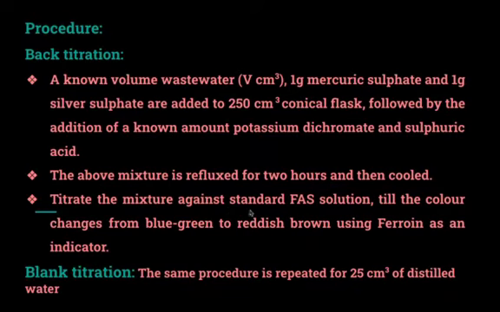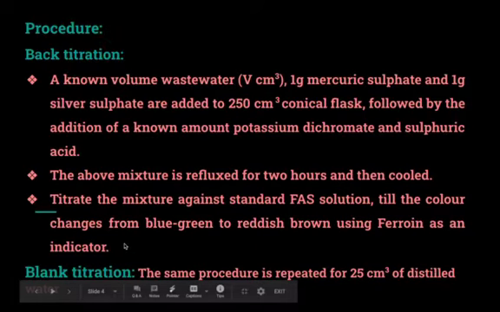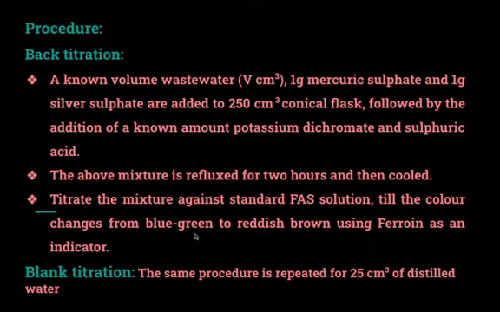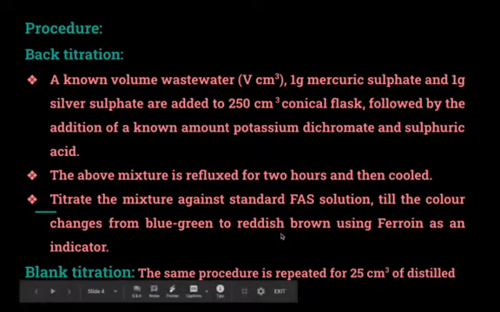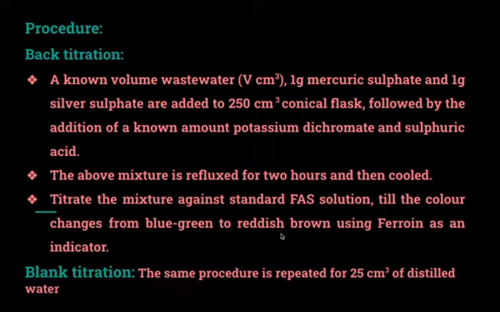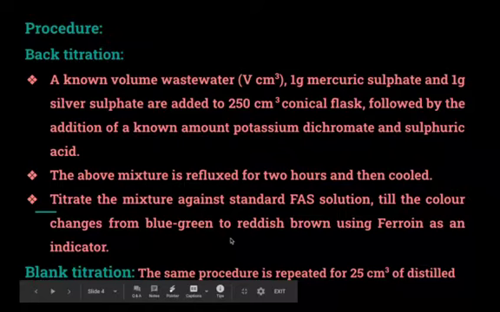Now the mixture is titrated against standard ferrous ammonium sulfate solution till the color changes from blue-green to reddish-brown using ferroin as indicator. First there is a blue-green color due to the formation of ferric ion indicator complex, and the color changes to reddish-brown at the end point due to the formation of ferrous ion indicator complex, and ferroin is used as an indicator. So this is back titration.